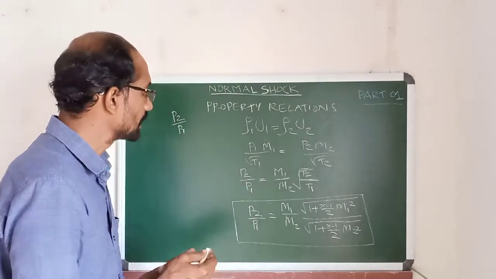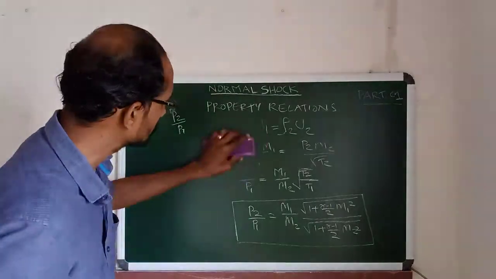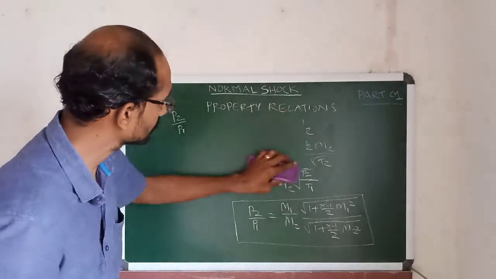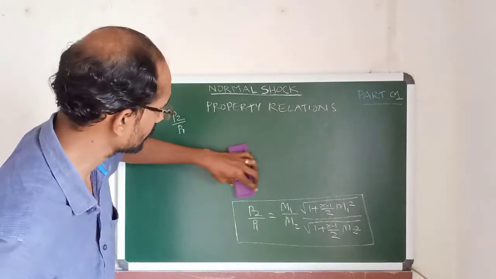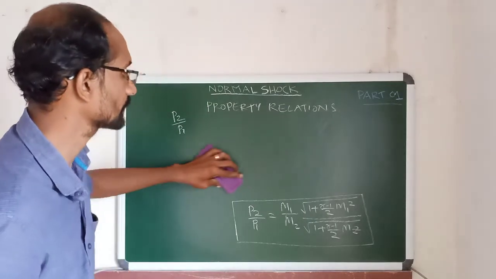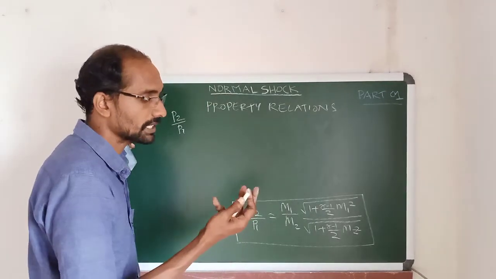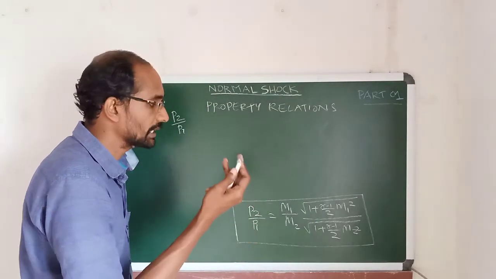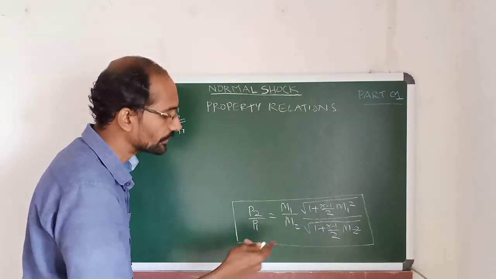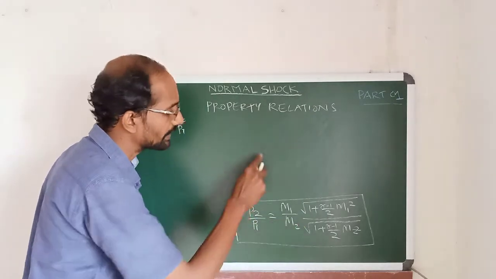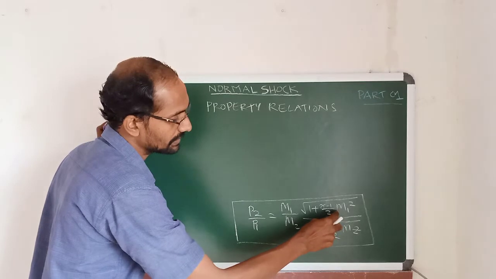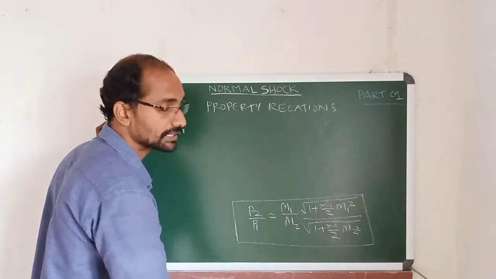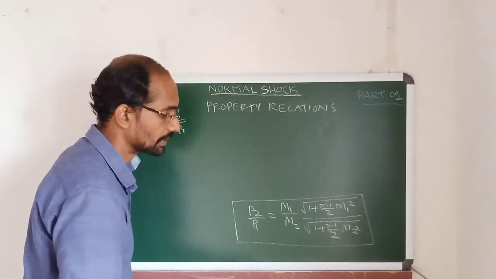Here we have derived this expression for the pressure ratio with the help of the continuity equation and the perfect gas equation, and we have also relied on the adiabatic energy equation, because the essence of this expression is the essence of adiabatic energy.